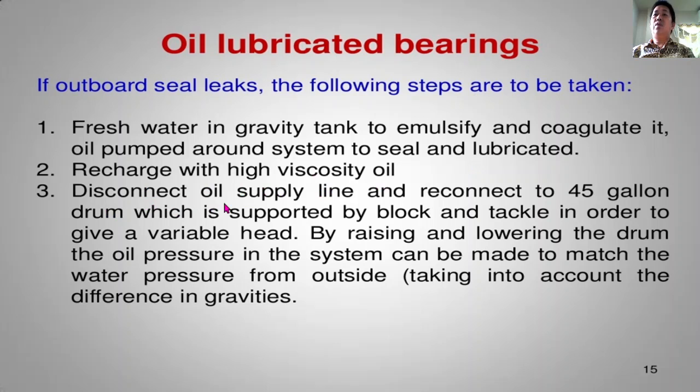Disconnect the oil supply line and reconnect to a 45 gallon drum, which is supported by block and tackle in order to give a variable head. By raising and lowering the drum, the oil pressure in the system can be made to match the water pressure on the outside, taking into account the difference in gravities.